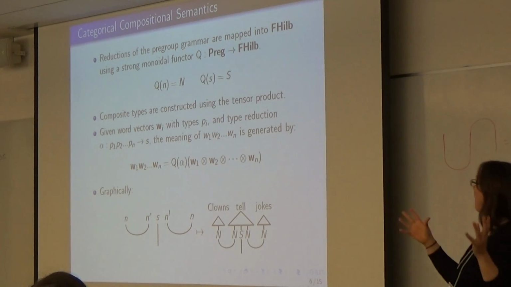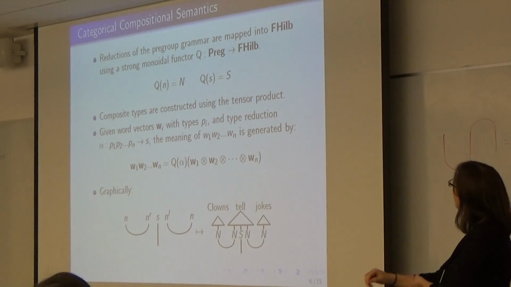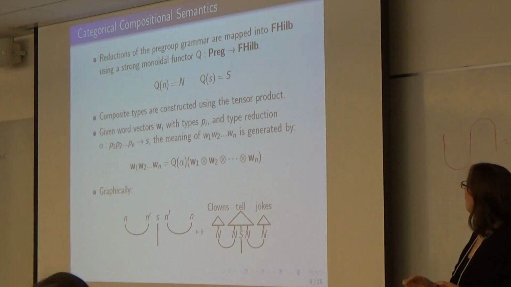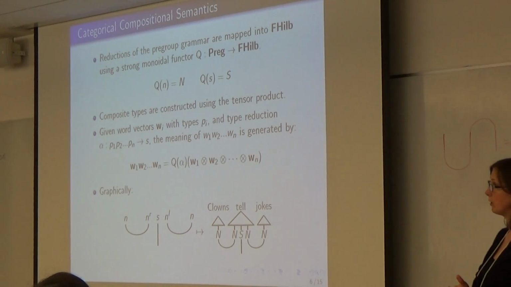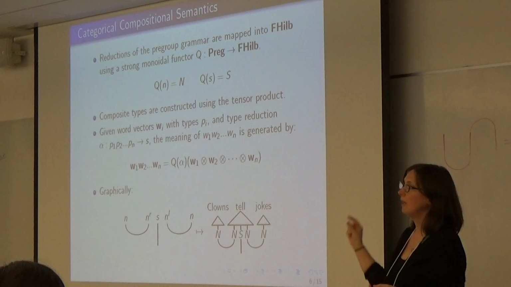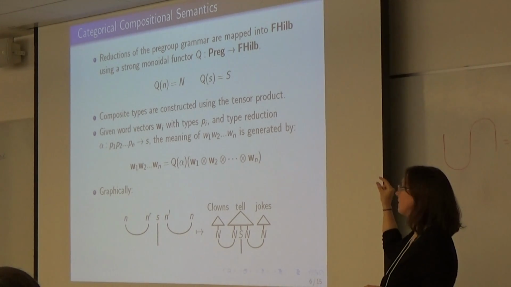So in order to map the grammatical reductions over to the vector space, we define a strong monoidal functor that takes the noun type to a noun space and the sentence type to a sentence space.